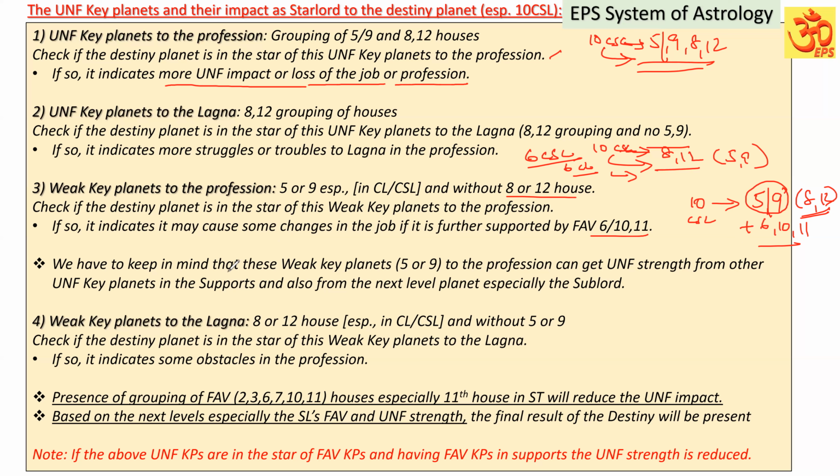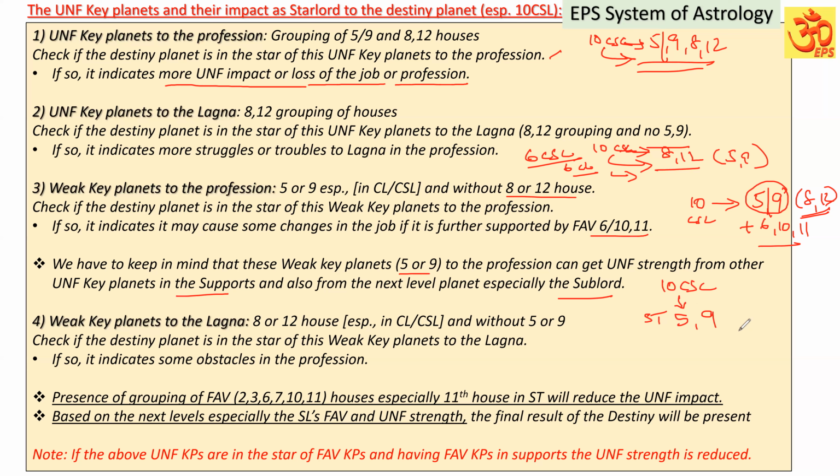We have to keep in mind that these weak key planets, 5 or 9, to the profession can get unfavorable strength from other unfavorable key planets in support and also from the next level planet, especially the sublord. For example, the 10th cuspal sublord in the star of a planet talking about 5 or 9 only.